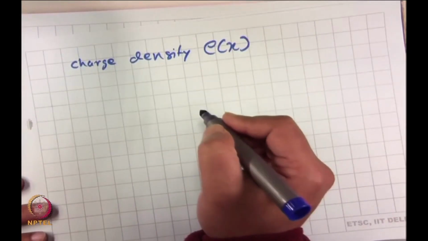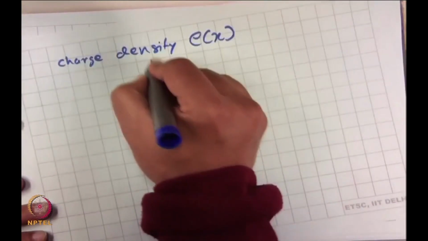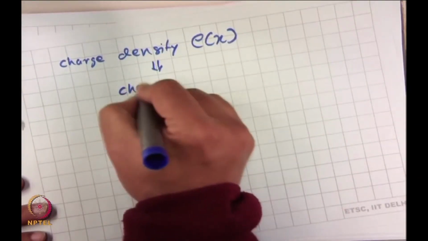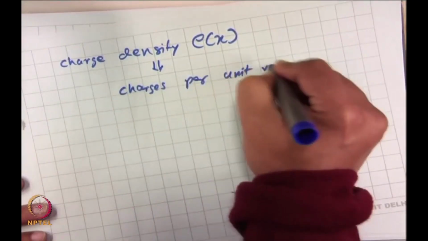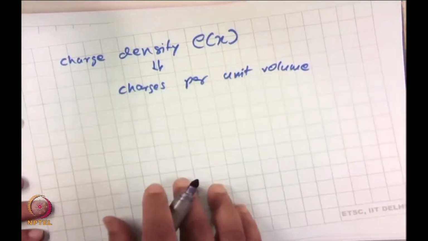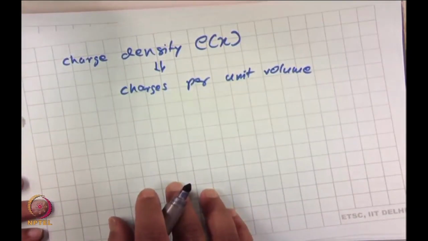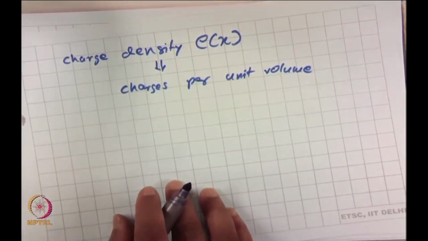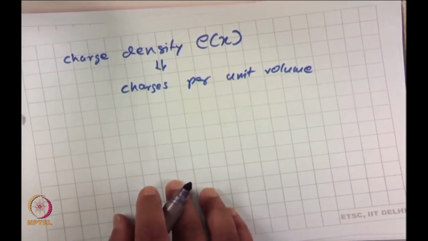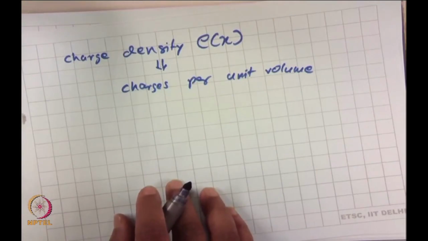Charge density would be charges per unit volume, essentially. But in this case, remember, when we are taking rho of x, it is like your one dimensional Schrodinger equation. It is a one dimensional problem. I am just taking it along one dimension. That is why I am saying rho of x, not rho of x y z. We are just starting with a very simple picture, like you did in quantum mechanics for a particle in a 1D box.